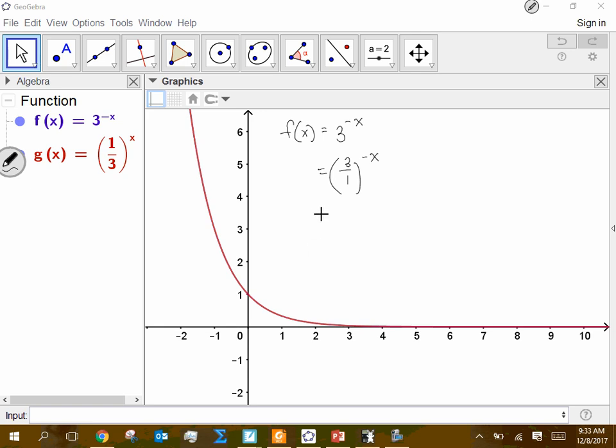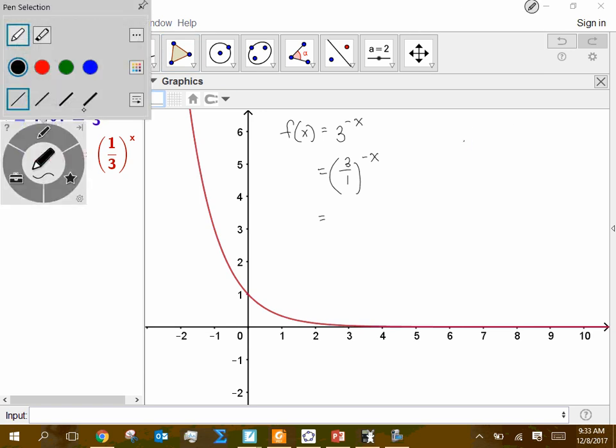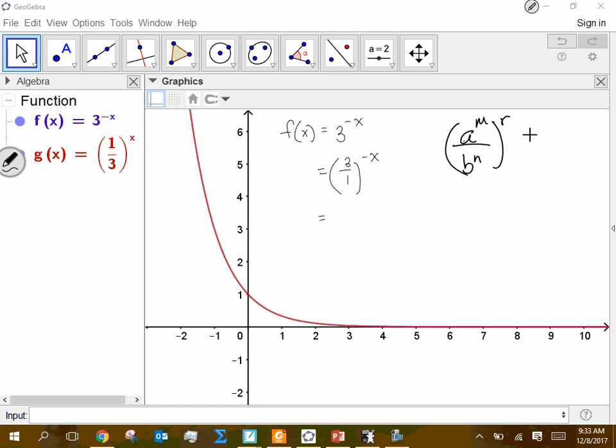Is that the same thing when we have, going back to your laws of exponents from Algebra 1, maybe a little bit, you talked about them in Algebra 2 as well. If I have a raised to the m over b raised to the n, and I raise both of those to maybe the r power, can I rewrite that as a to the mr over b to the nr? Remember doing that? Okay.